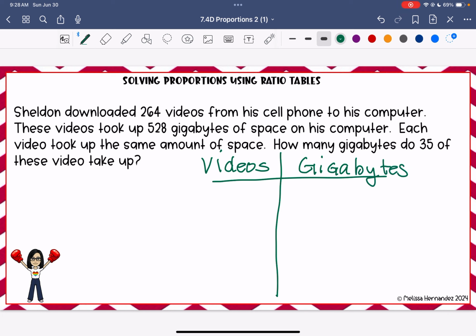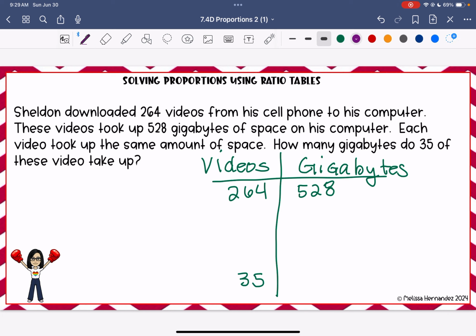So my ratio of what we're comparing is the 264 videos to 528 gigabytes. However, what I want to know, how much gigabytes do 35 videos? So the videos is going to be on the left side because it's describing videos to gigabytes. So we're going to keep the videos on the left.